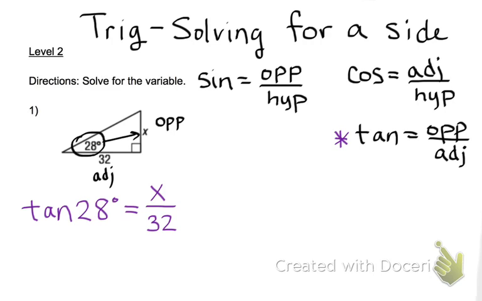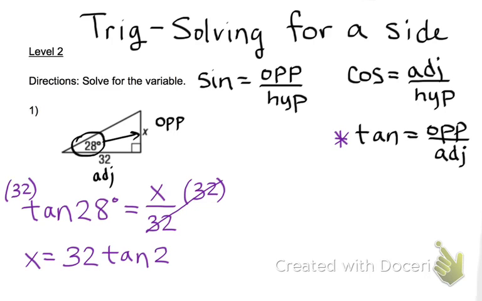Now I need to solve for x by getting rid of the 32. So I'm going to multiply both sides by 32. And this cancels, simplifies to 1. So I have x equals 32 times tangent of 28.